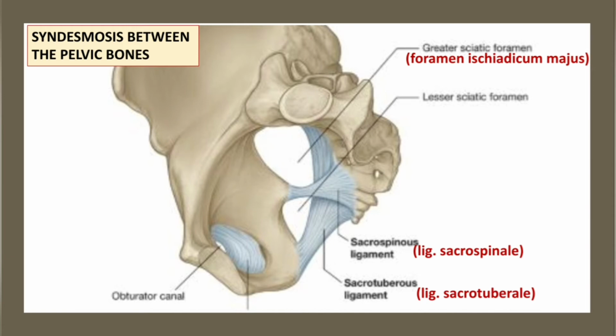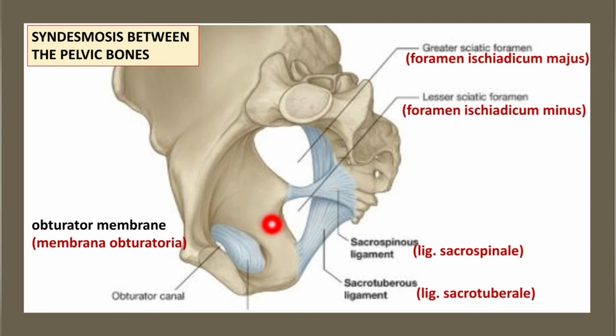And then if you look here, the obturator foramen is covered by the obturator membrane, membrana obturatoria, except this one point where you see a canal. It's called the obturator canal, canalis obturatorius. This canal is very important for transmitting the obturator nerves and vessels.